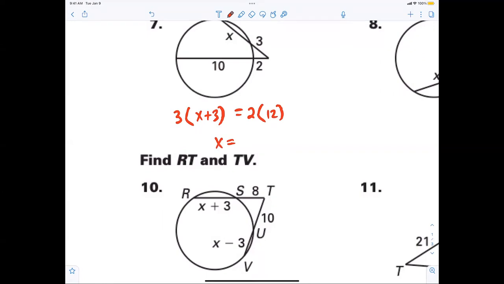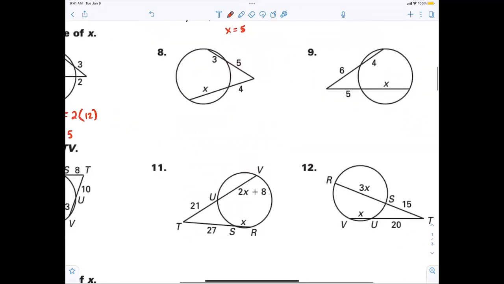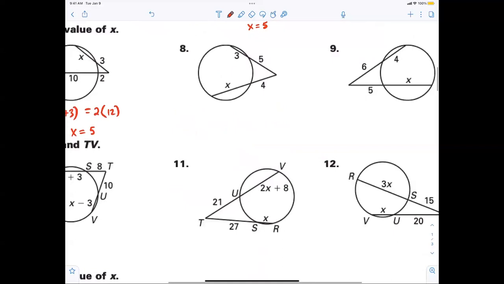What do we got, guys? 5 is what I got, right? Because I divide by 3, I get 2 times 4, subtract 3. Everybody's good? So X must be 5. Let's check out number 8. What is the rule for number 8? 5 times 8 equals 4 times X plus 4.